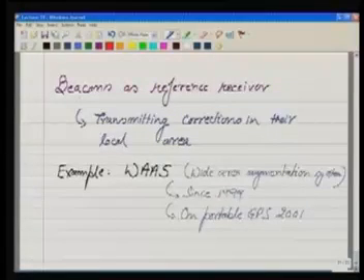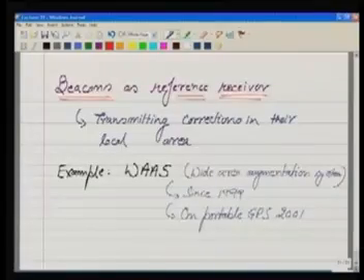Now finally, we can also use some beacons as reference receiver. What is the meaning of this? These are the services, these are the augmentation devices. The GPS survey can be augmented now with the means of some beacons.